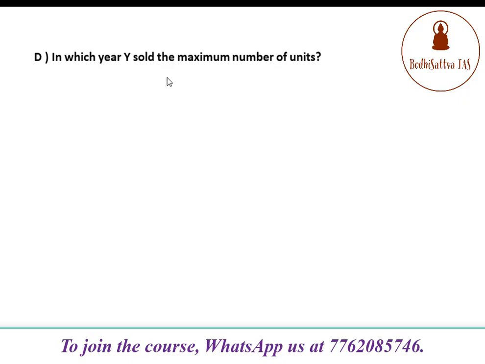In which year Y sold the maximum number of units? We have to focus only on company Y, and we have to find out the number of units sold by company Y. So number of units sold by Y in 2011.